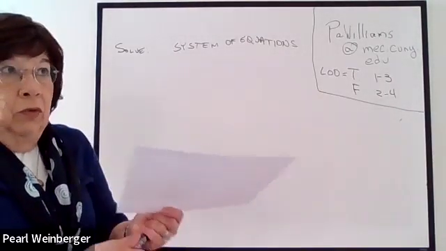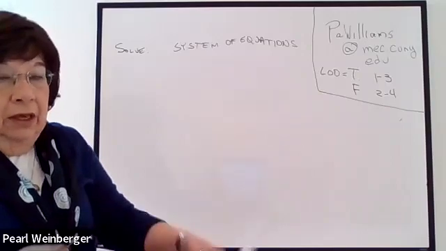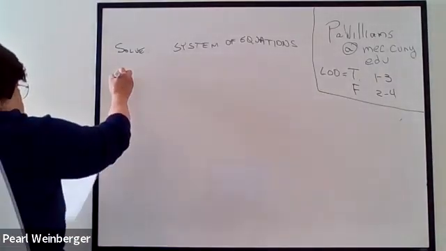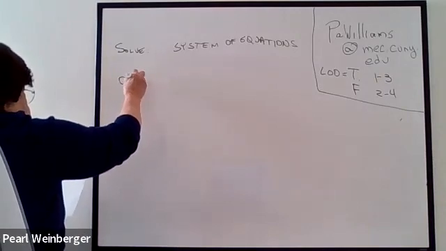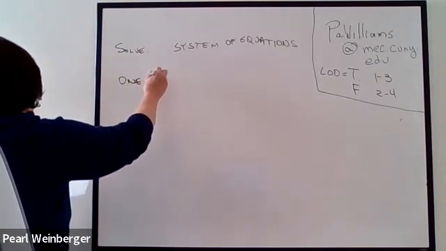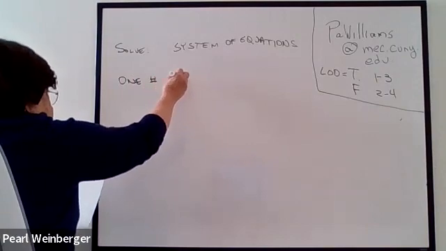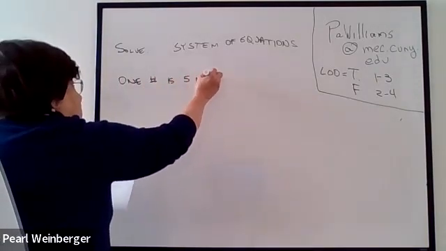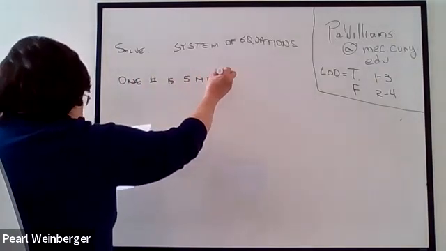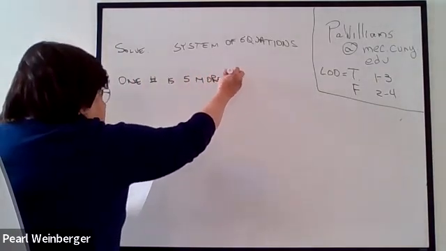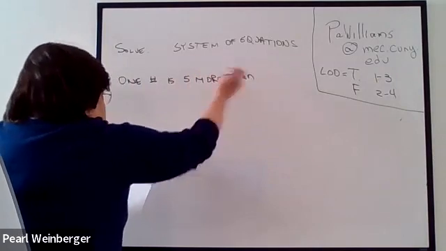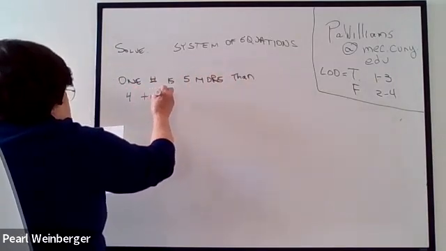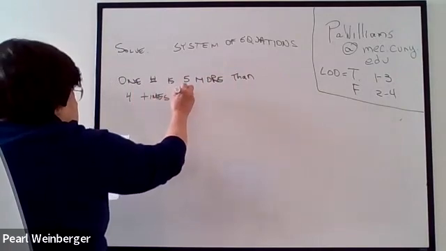Let me write what I just read. Again, if you have the sheet, it would be helpful, but I'm not going to write it all out. One number is 5 more than 4 times the other.